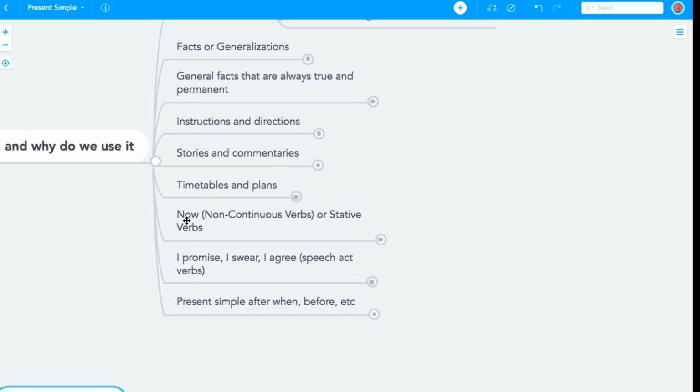The next one, guys, has to do with what we call stated verbs or non-continuous verbs. Now, these verbs, guys, are mostly verbs that state instead of telling an action. Let me give you an example. Run, you can picture someone running. So running is not a stated verb, it's an action verb.